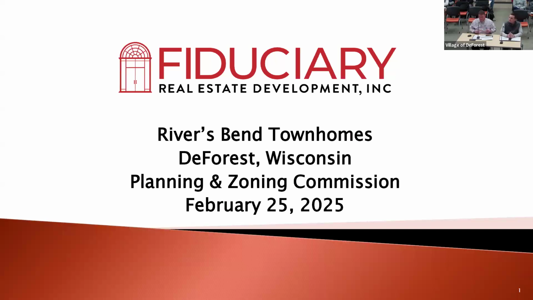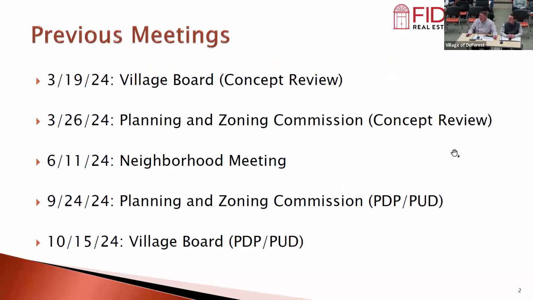Again, this is, I think, the third time you're seeing this presentation. I plan on going quickly tonight, simply because very little has changed. I will point out the changes as we go along. This is for the River Bend townhomes, and it is for the FDP tonight, as you stated.